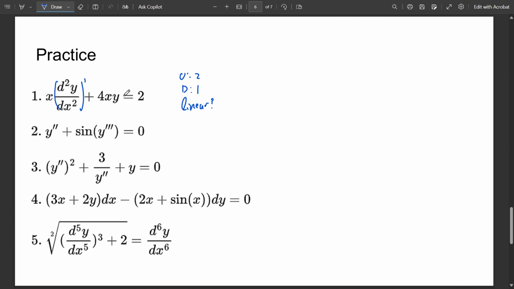Also there's no product of the dependent variable and its derivative, or of a derivative with another derivative. So it's linear.